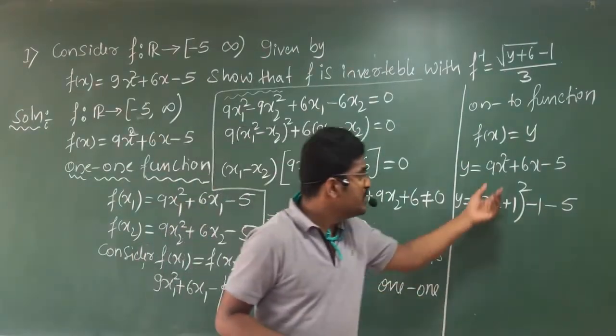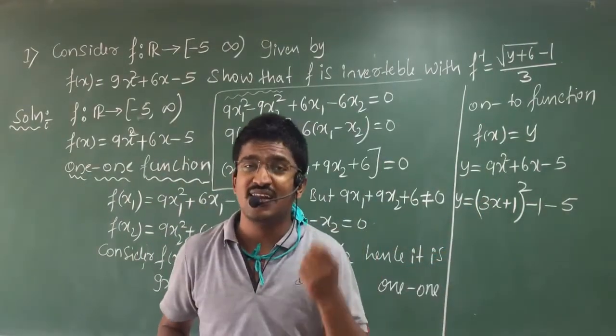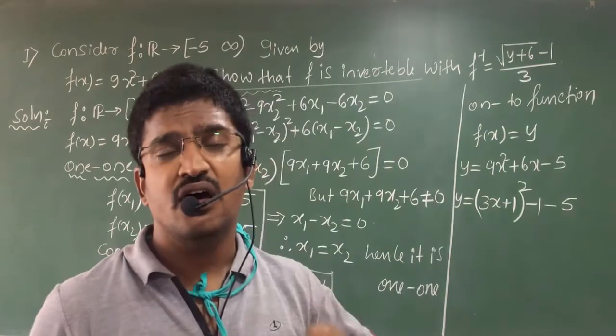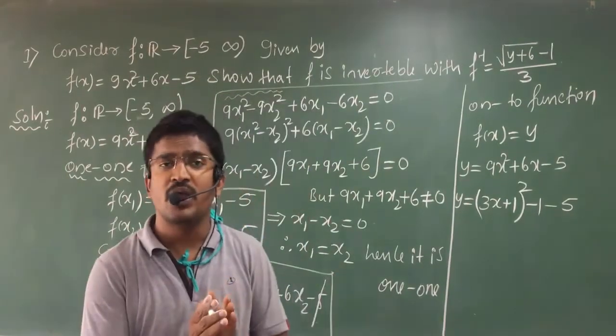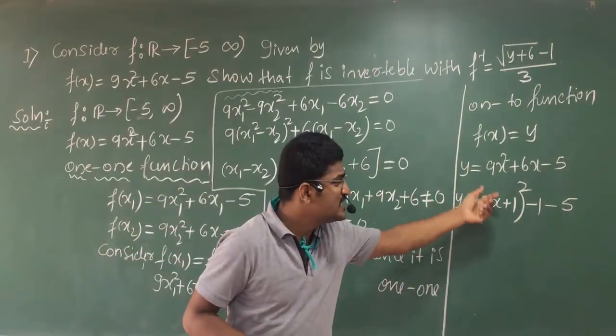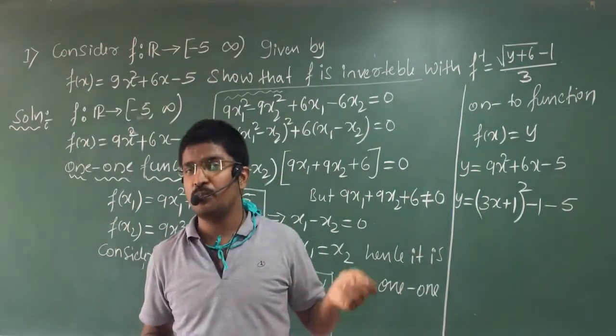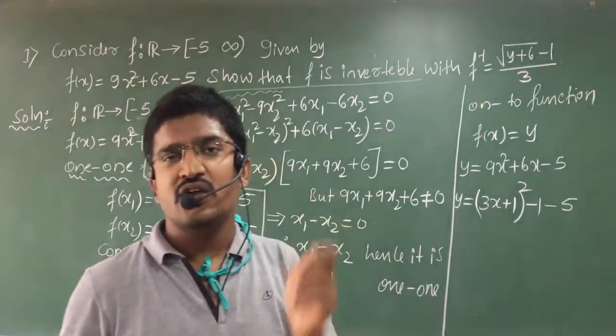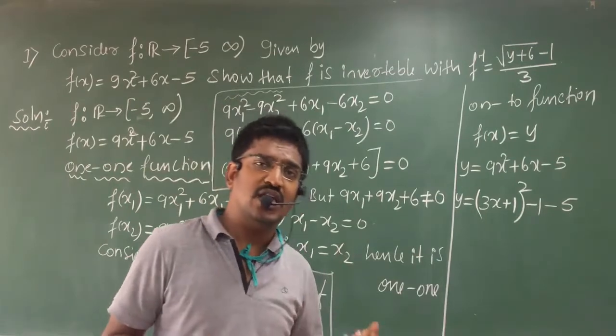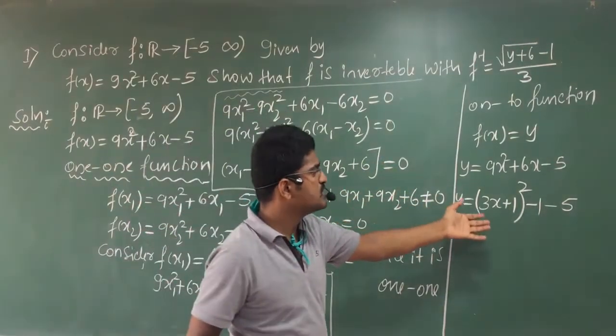The simplification of this I will explain in your regular classes, no problem. There is a method of writing this form, so that particular form I will explain in your class time. But here just you take on that 3x plus 1 whole square.